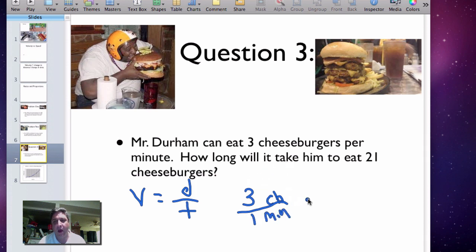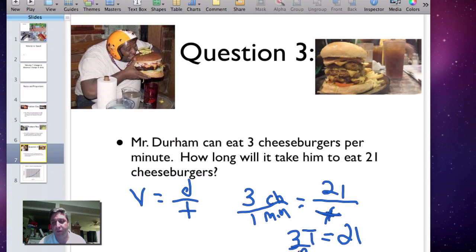Okay, how long will it take him to eat 21 cheeseburgers? So the time is what we're looking for, and he did 21 cheeseburgers. So we're looking for time here. So 3 times t equals 21 times 1.